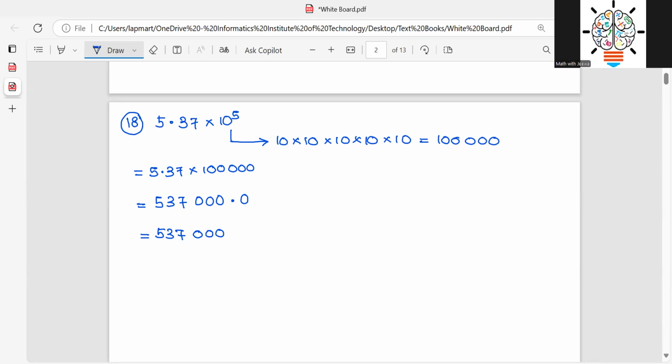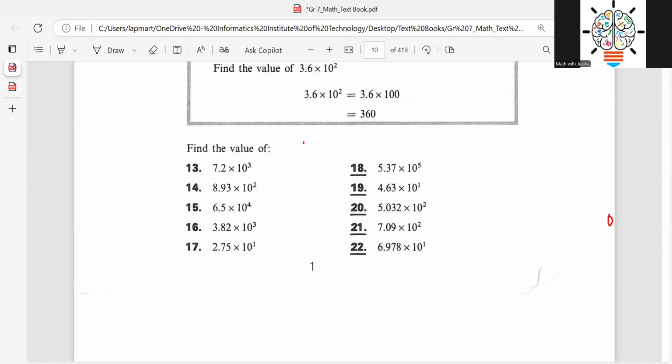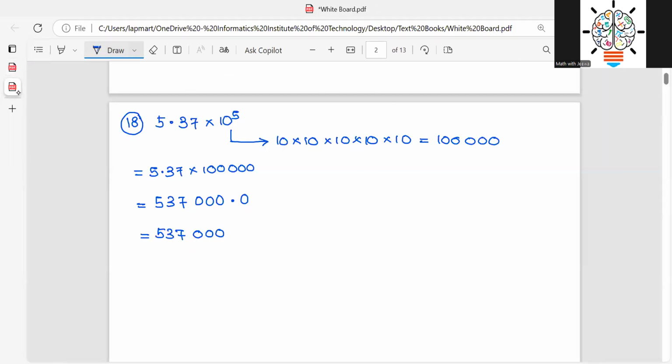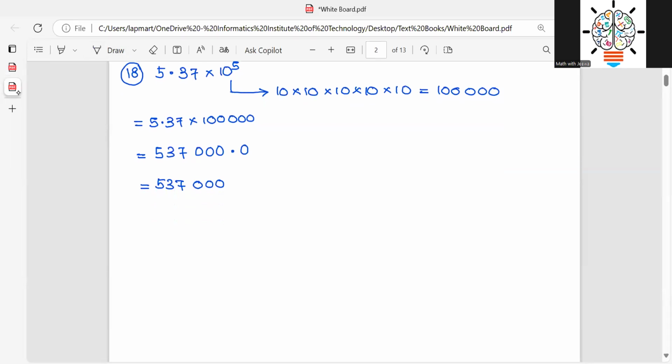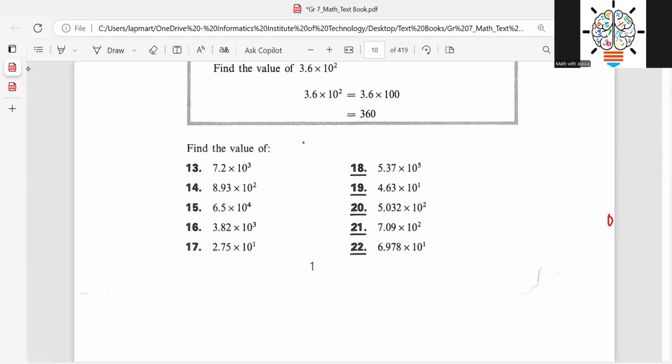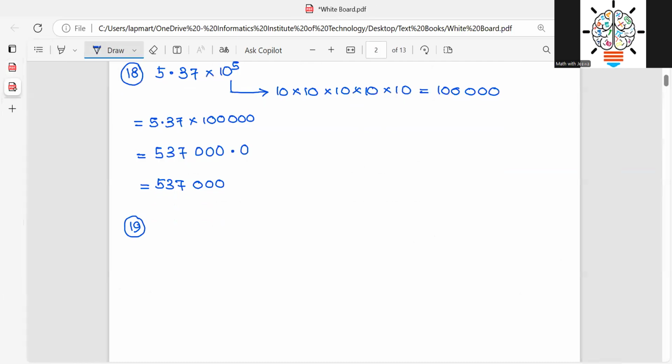So then the question number 19, we have 4.63. So I want to double check, 1, 2, 3, 4, 5, right? So then question 19, we do have 4.63 multiplied by 10 to the power of 1.